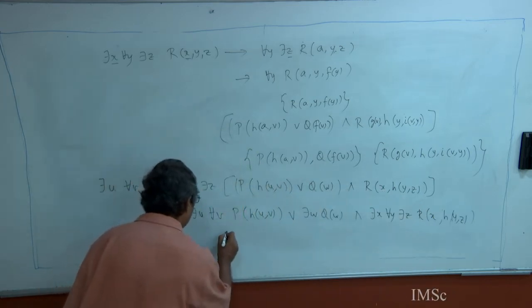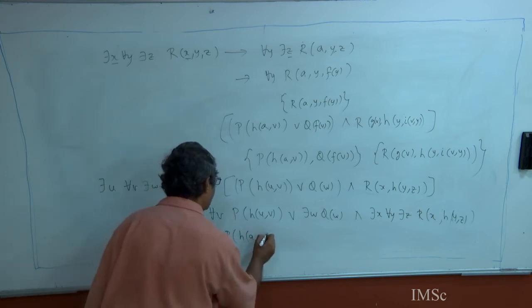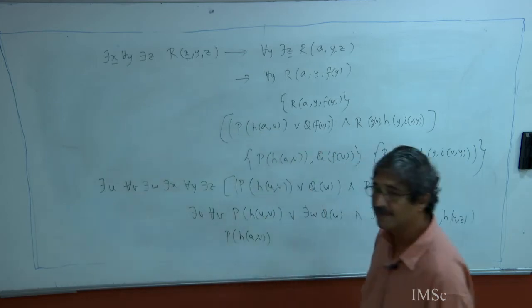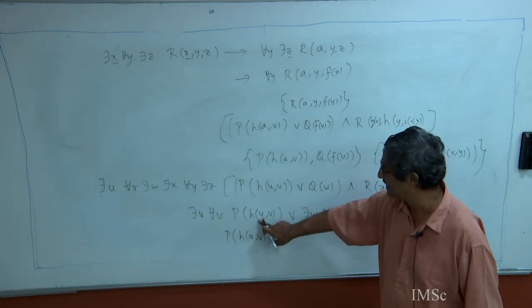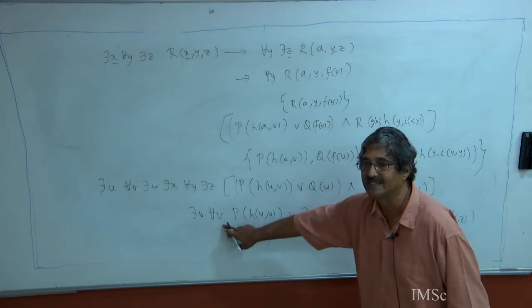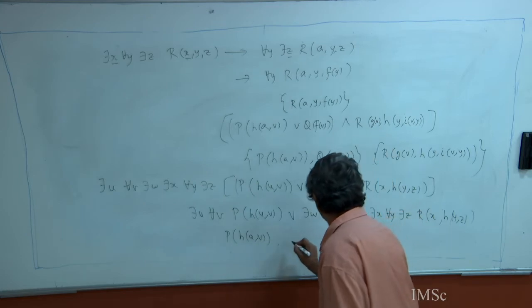I just get p of h a v, right? Because a is the only one that I need to replace. After that, it's a universal quantifier which I can just drop. And then there exists w q of w will give me some q of b.